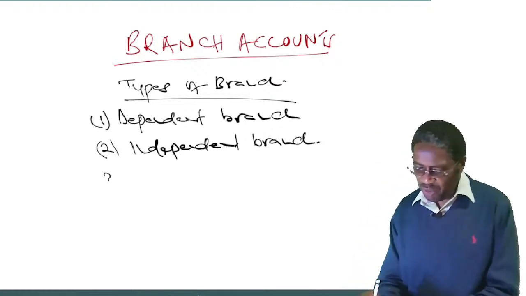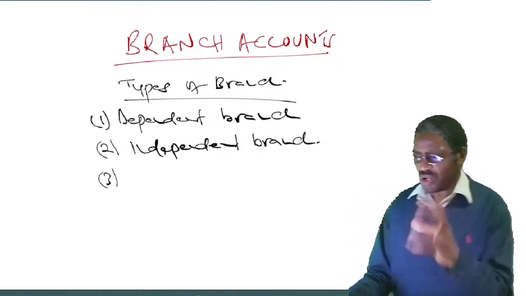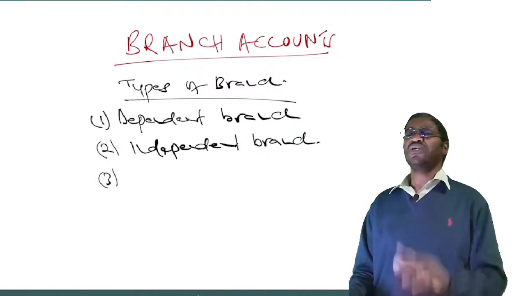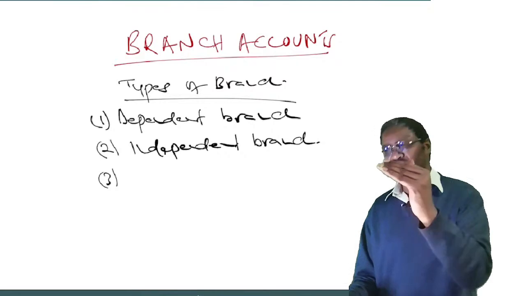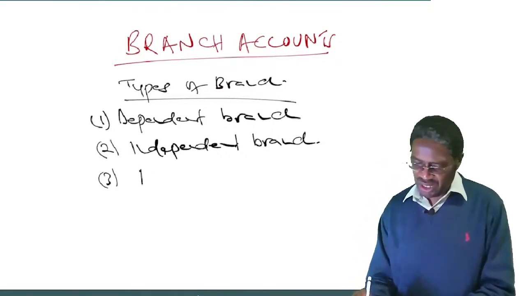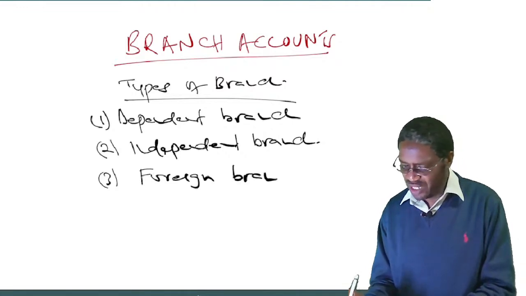The third type of branch is if you sell your goods as a company through a branch which is in another country, then we say that we have what we call a foreign branch.